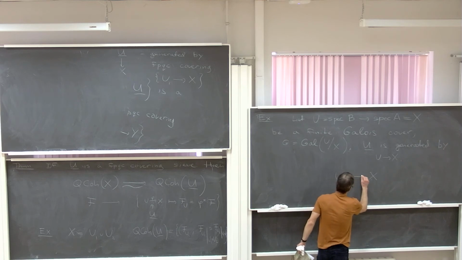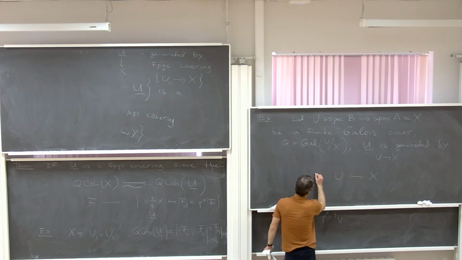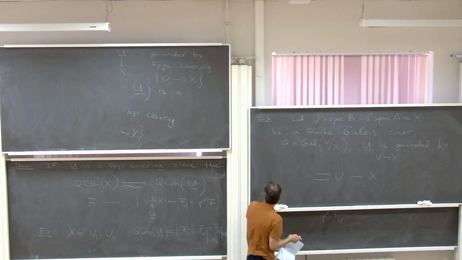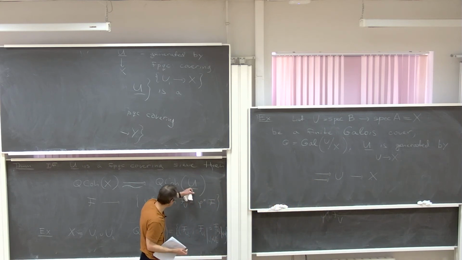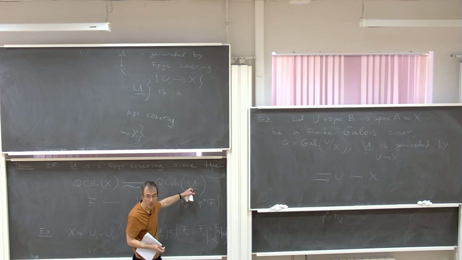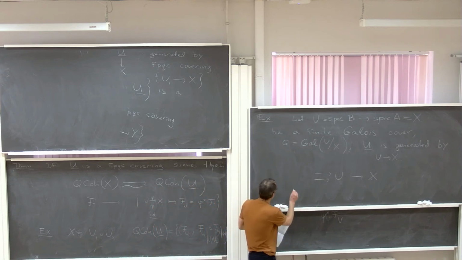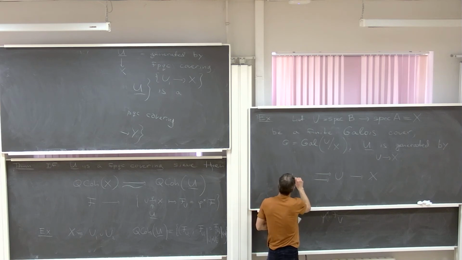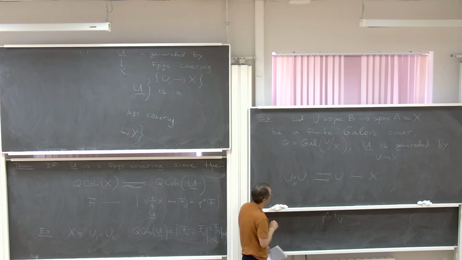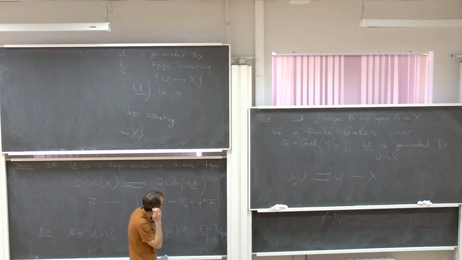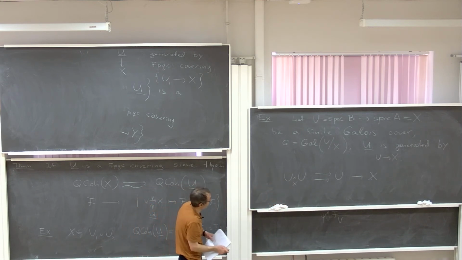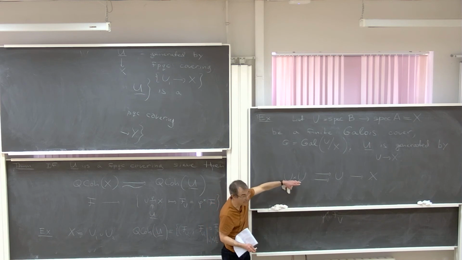Secondly, I need to give myself something for any object of this site. So one object is, I can take U times U over X. So I'm supposed to be given something here, right?